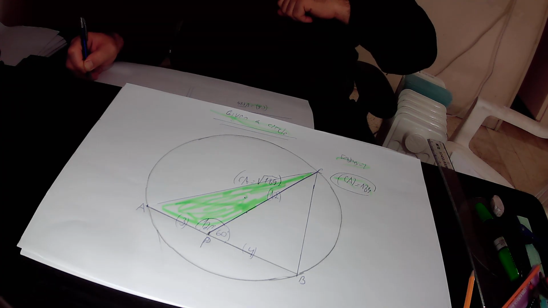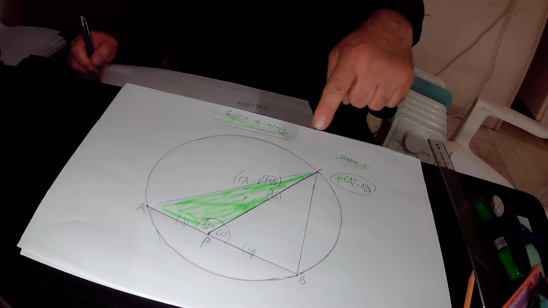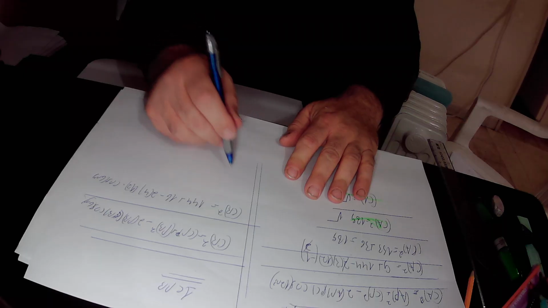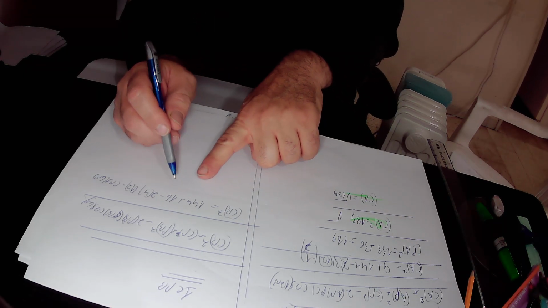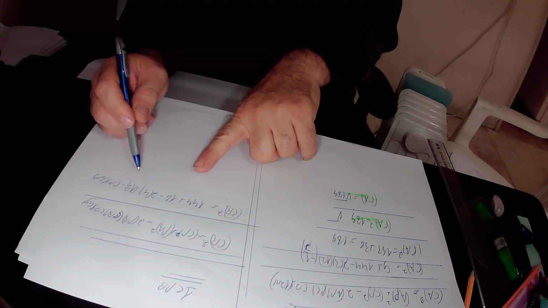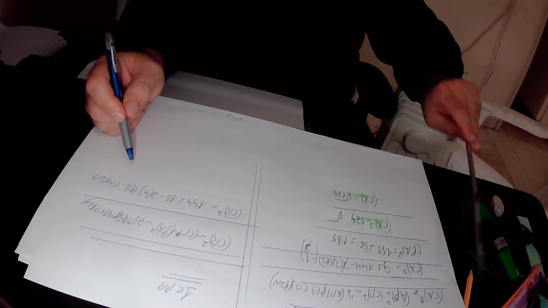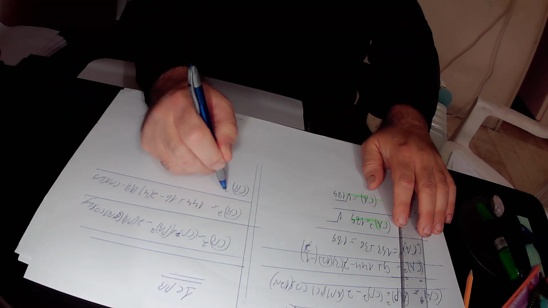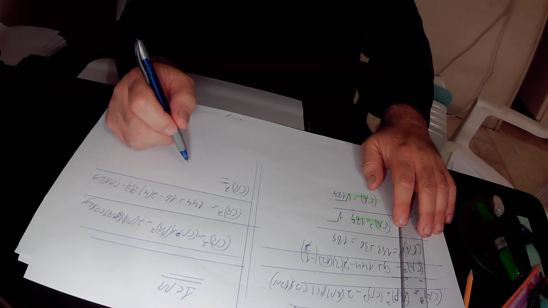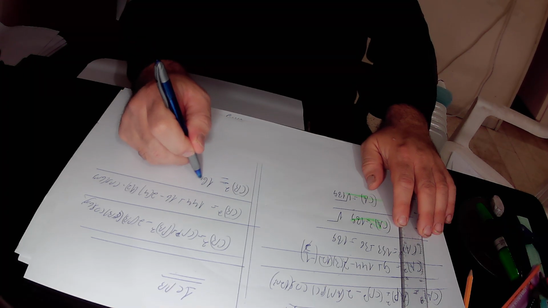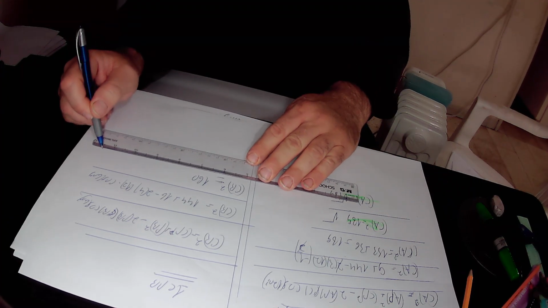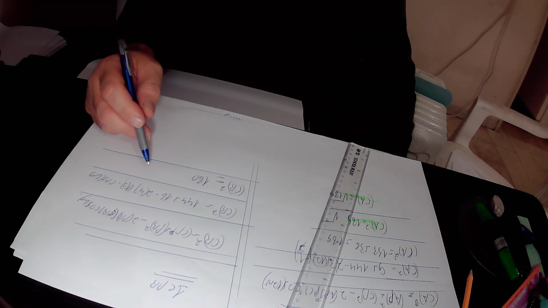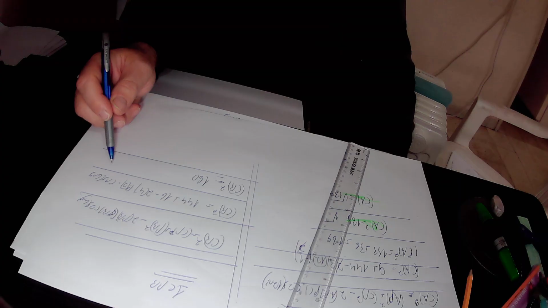So in total, we found that according to the law of cosines, in this triangle CPB, the following equation is true. CB squared equals 144 plus 16 minus 2 times 4 times 12 times cosine 60 degrees. So CB squared equals 144 plus 16 is 160, and we have here minus 2 times 4 times 12 times cosine 60 degrees.